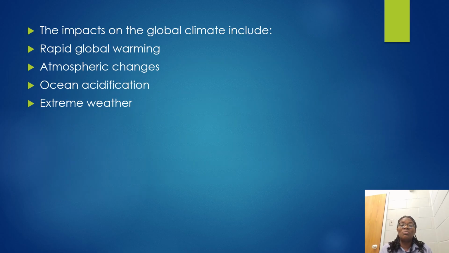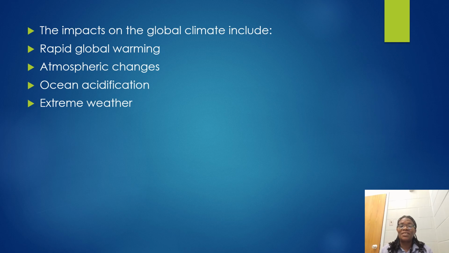When they cause global warming, there are certain impacts on the global climate. First, you have rapid global warming, that is, global warming continues to increase at a faster rate. Then we have atmospheric changes. The atmosphere changes, and you cannot really predict the atmosphere again.